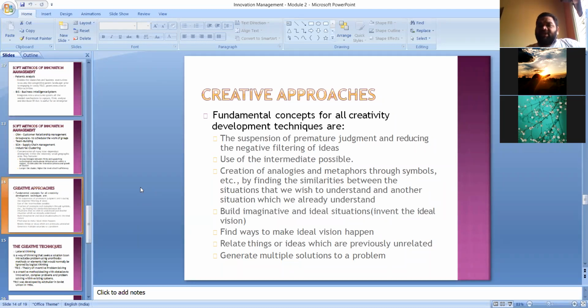So for example, let me tell you the present situation, lockdown. Lockdown is the best idea because a country like ours, with the highest population in the world, 130 plus crores of people are living in this country.